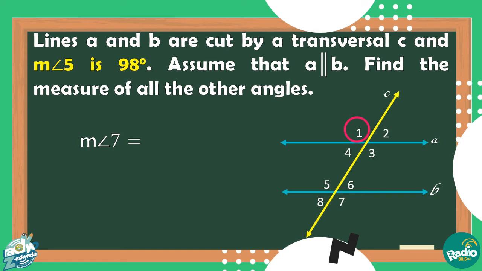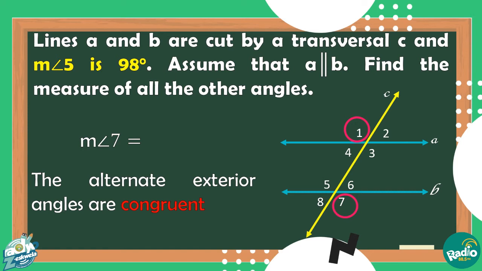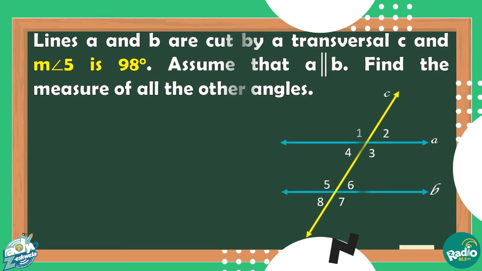We all know that angle 1 and angle 7 are both alternate exterior angles, and alternate exterior angles are congruent. If angle 1 is 98 degrees, therefore the measure of angle 7 is also 98 degrees. And the last angle is the measure of angle 8.